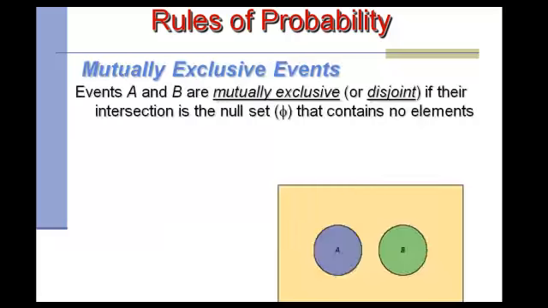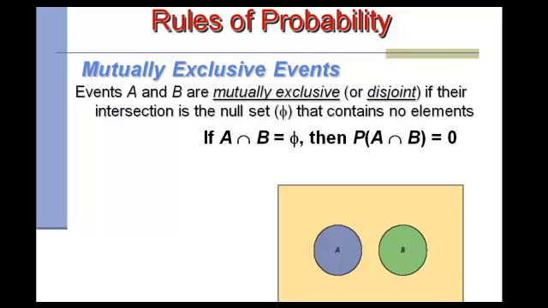Some of the other terminology that you need to get comfortable with: the first phrase here is mutually exclusive. For mutually exclusive events, I've given you the technical definition up here, but mutually exclusive events don't share any elements, meaning they are completely separate.